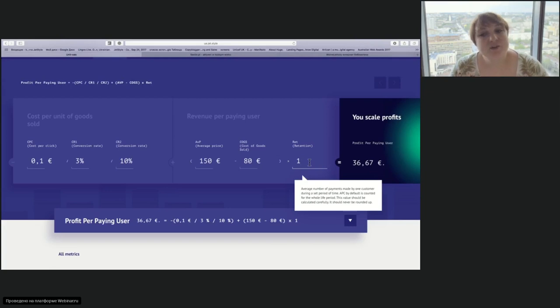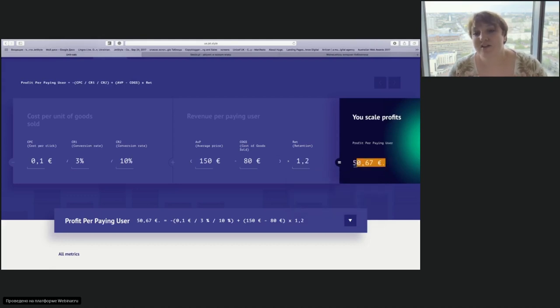And this segment is very good to work with on retention rate, because even if you raise retention by plus 20% of people retaining to the service, you see that the profit per paying user increases greatly, about 40–50% higher than it was. So that's the second example.